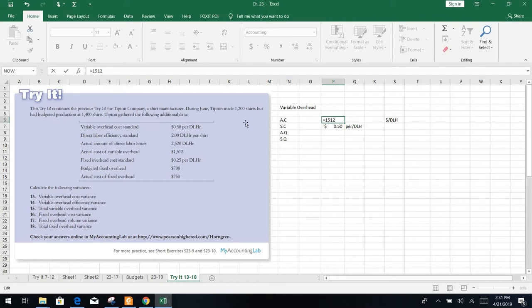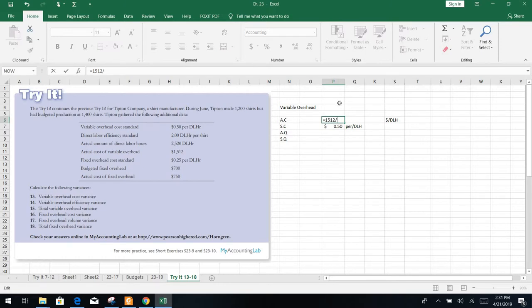It already has a dollar on it, so we can't use that value because it's in the wrong format. This is not a direct labor amount. It's a direct labor amount per shirt. So that's not it. Well, here's a direct labor hour amount right there, direct labor hours. So we can go ahead and use that.